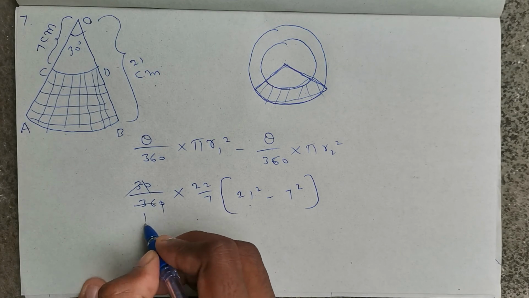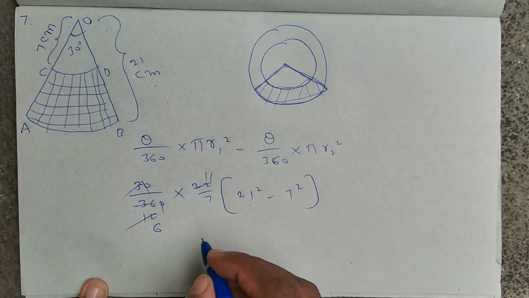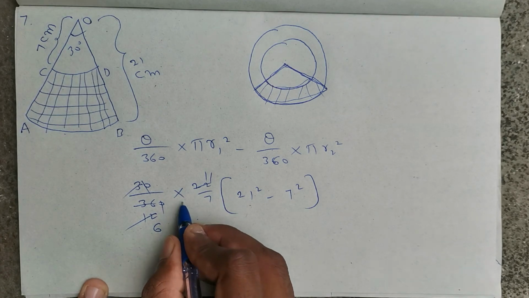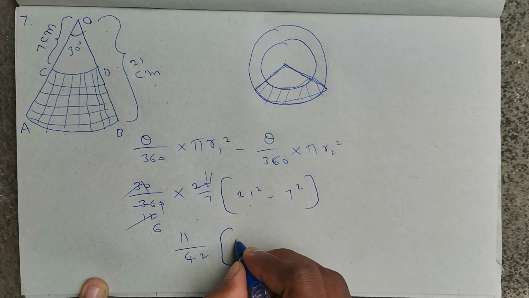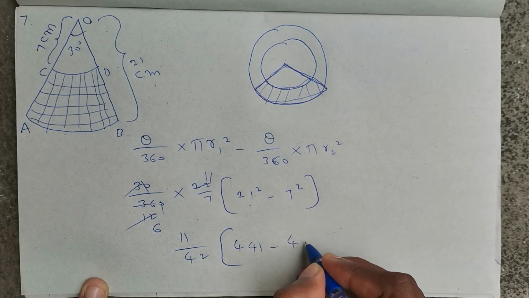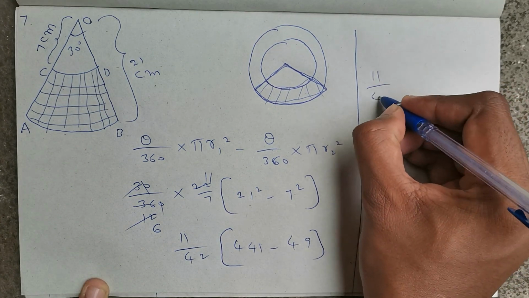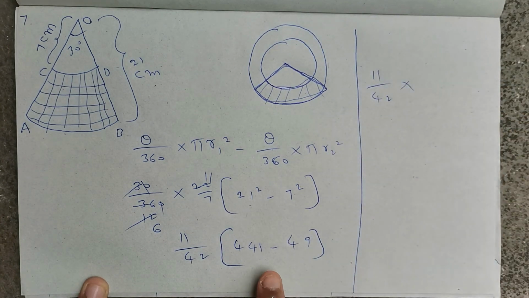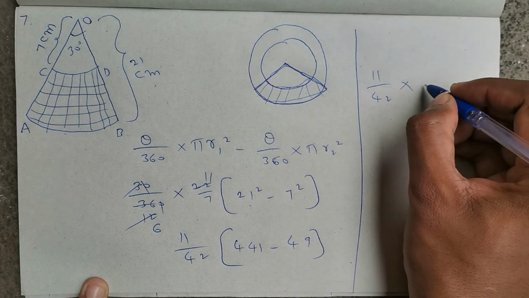0 cancel, 3 1s are 3, 12s are, 2 6s are, 2 11s are. So in the numerator 11, divided by, in the denominator 6 into 7, 42, times 21 square 441 minus 7 square 49. Here the outside number as it is, 11 divided by 42, into 441 minus 49, 392.